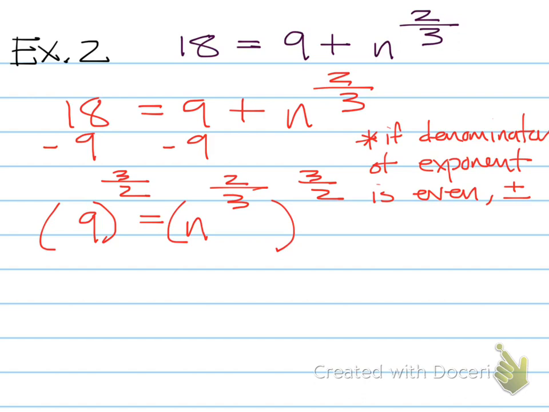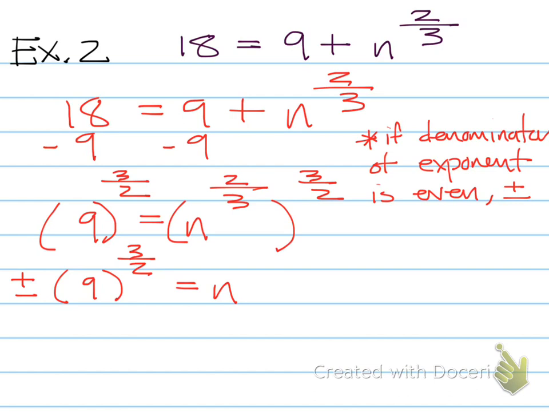All right, so there's two values. There's a positive and a negative that would make that expression true. So we're going to raise both sides to the 3/2 power. That's going to give us plus and minus 9 to the 3/2 power.